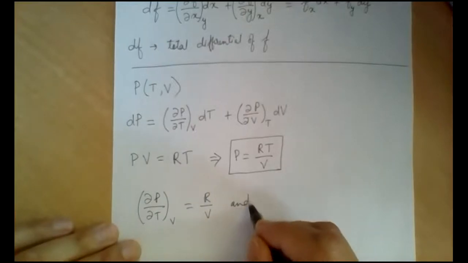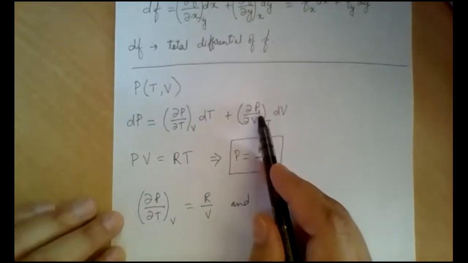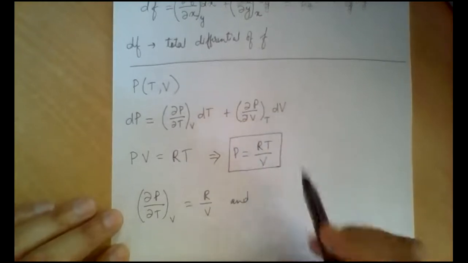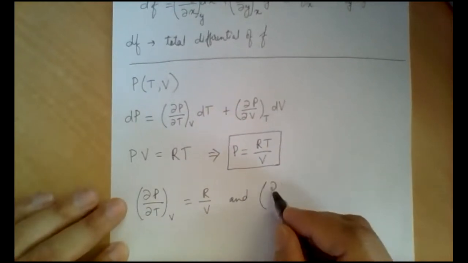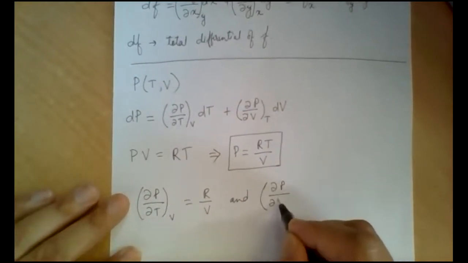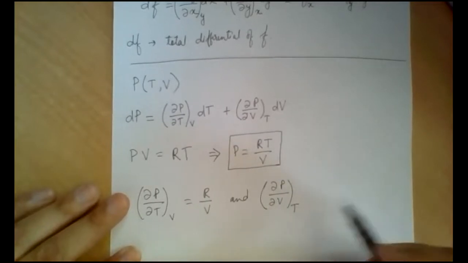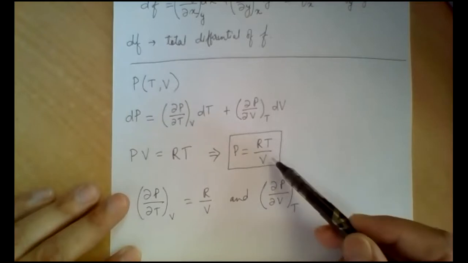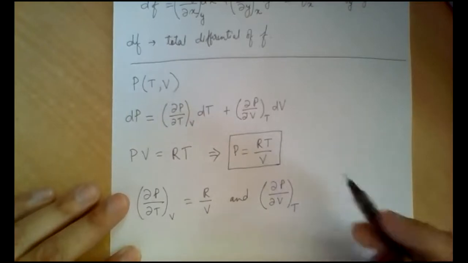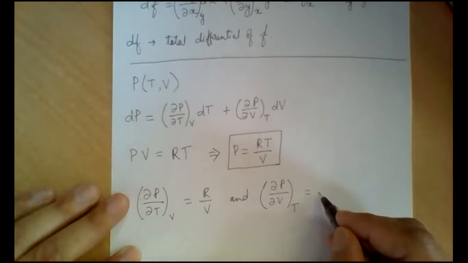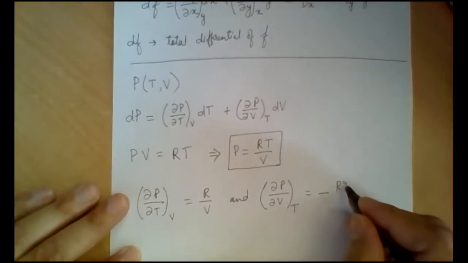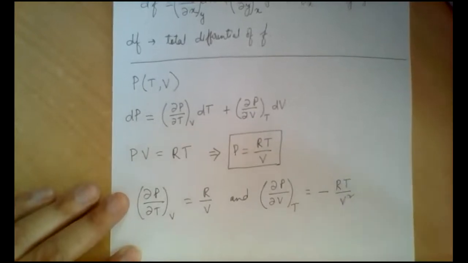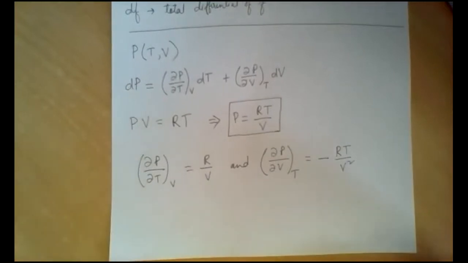And let us calculate del P by del V at constant temperature. P is given by this expression. We keep the temperature fixed and differentiate with respect to volume. What do we get? We get minus RT by V square.